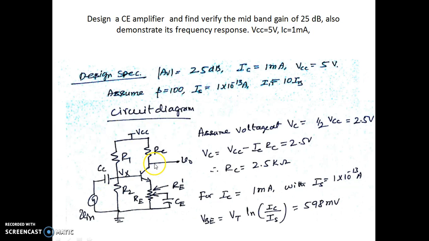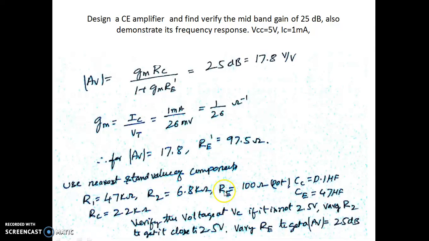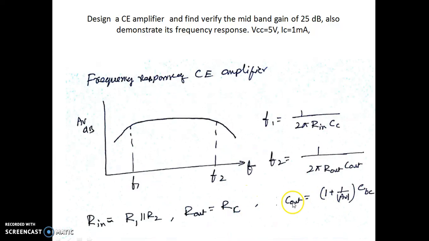Now we have this base and collector. This base to collector capacitor, that is CBC, can be represented on either side, at the output as well as the input, using the Miller effect. So that's why we write C out as 1 plus 1 over AV into CBC. So we can find out this frequency, 3 dB down from the maximum.